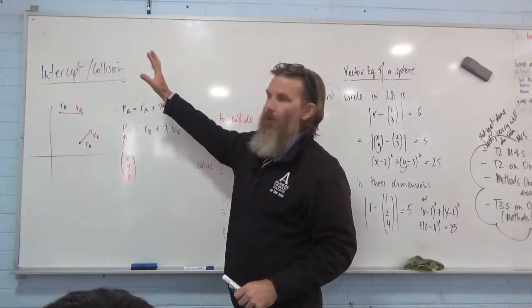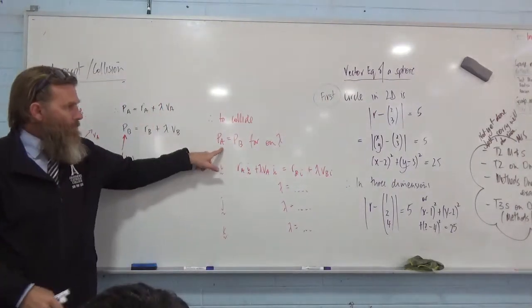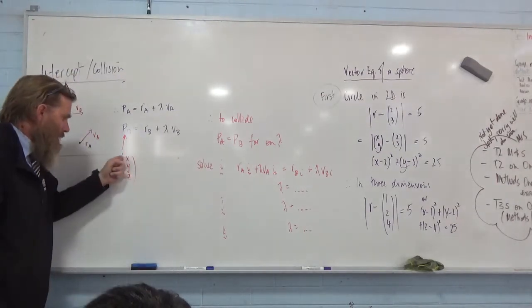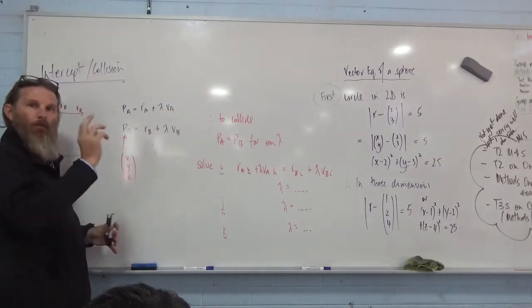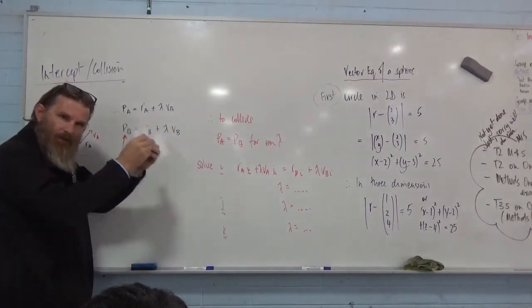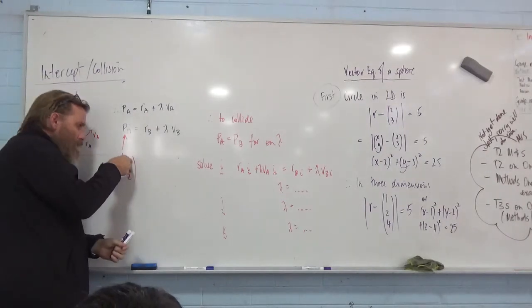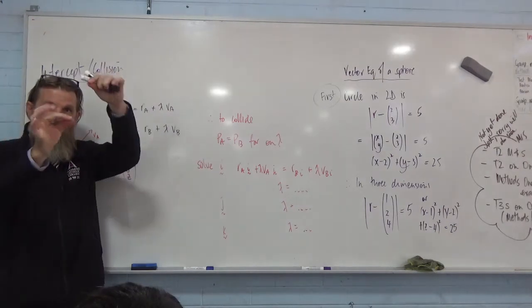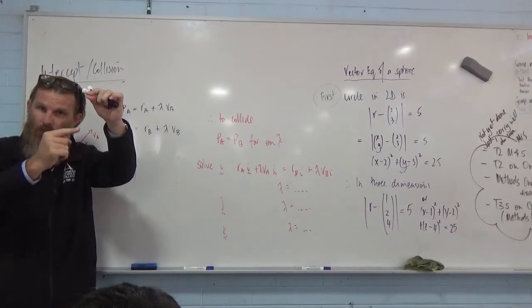So if we want to see whether these things collide, what we've got to recognize is that PA must equal PB at some point. The X, Y, and Z, I, J, and K that we get out of this equation must be the same as out of this equation, because that will mean they're at the same point in space at that time. If only two of these are the same and one is different, then that's the situation where they're going to go through the same vertical point but at different heights.